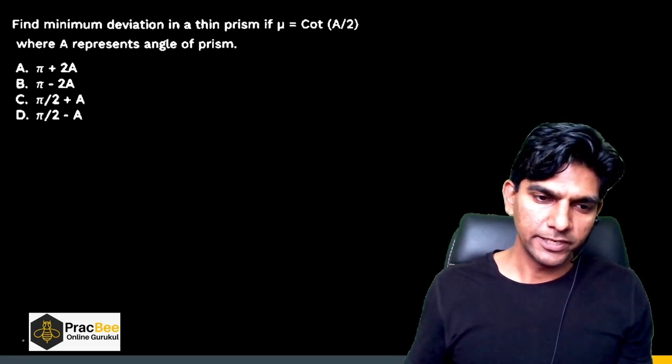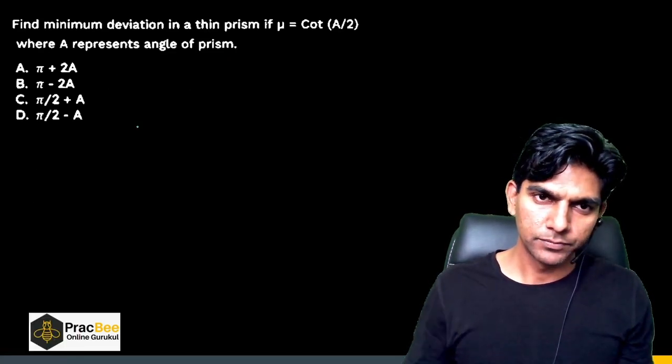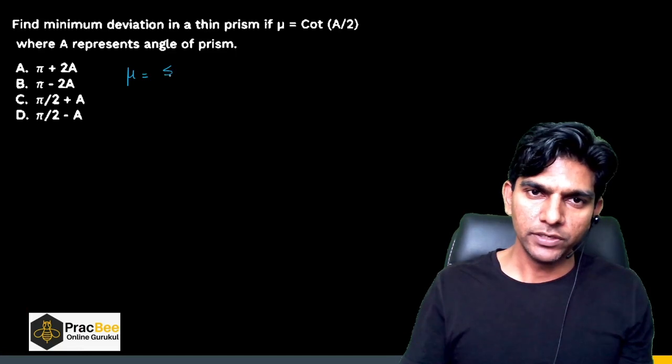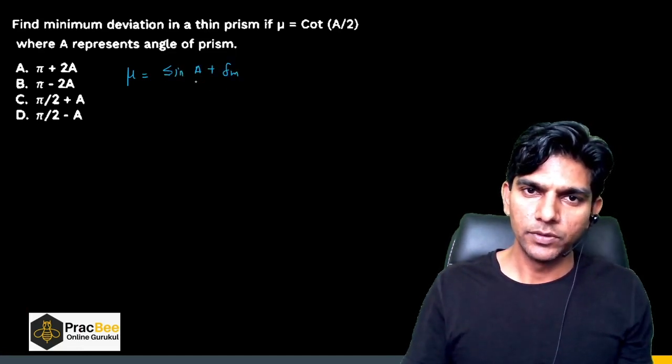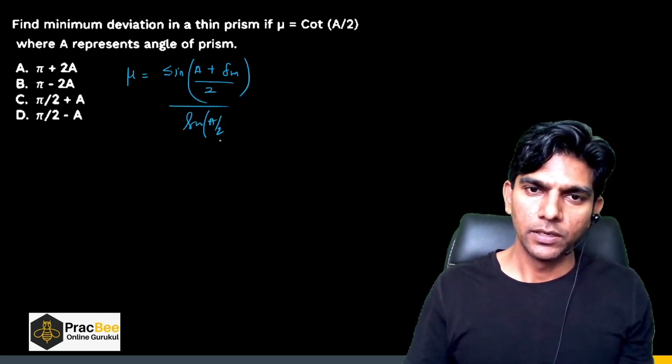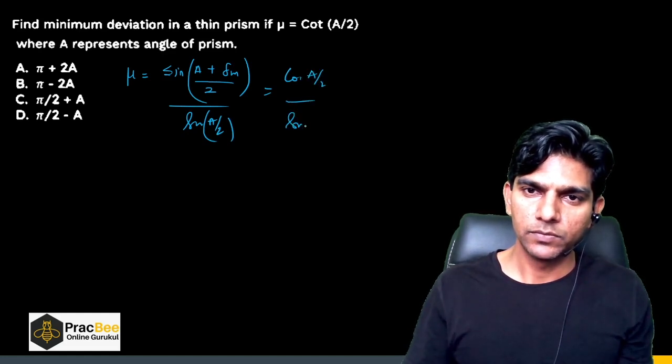So mu is given as, we know that the formula of mu is sine of (A plus the minimum deviation) divided by 2, divided by sine A by 2. And mu here is given as cos A by 2 divided by sine A by 2.